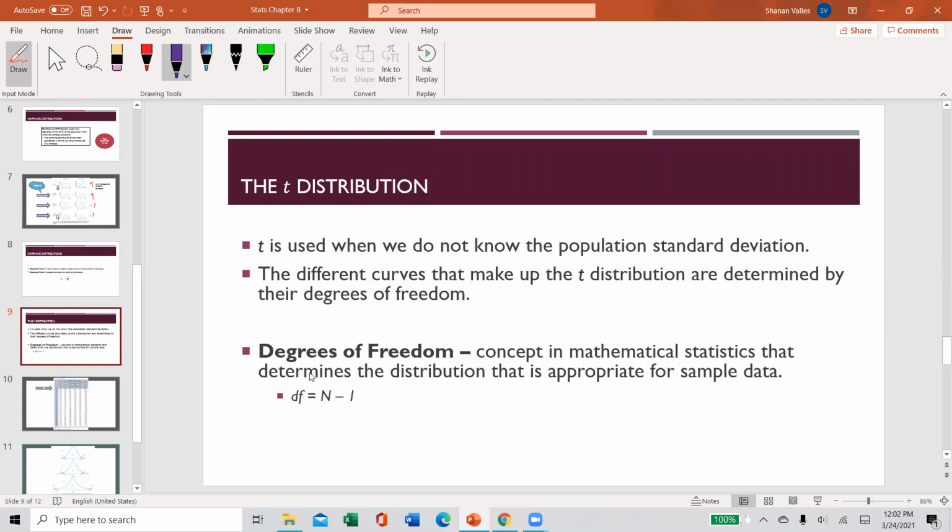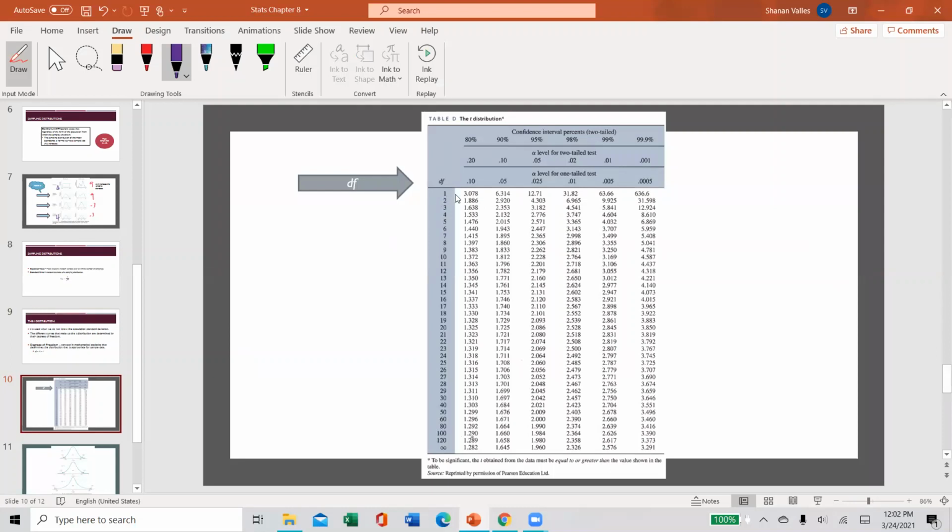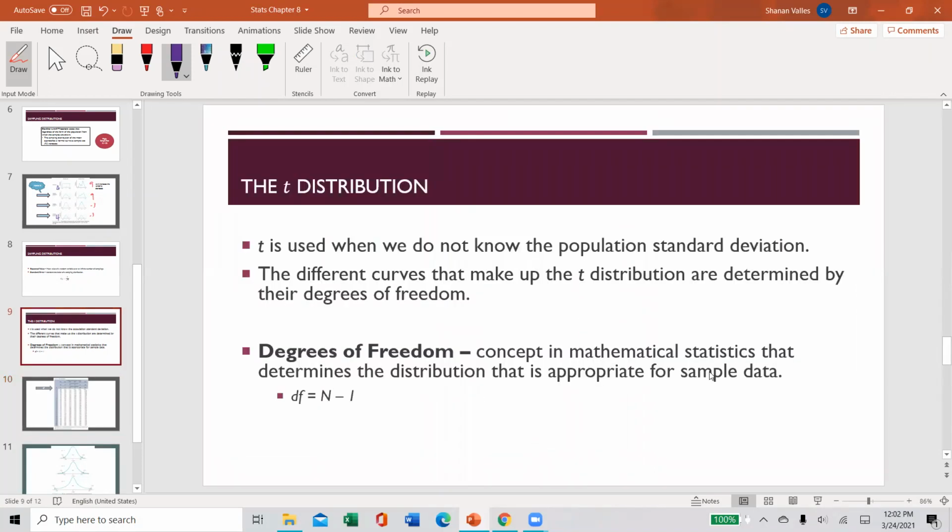This is a very weird definition, and I'm going to give a different one in just a minute. It's a concept in mathematical statistics that determines which distribution you're going to look at for the appropriate sample, for whatever sample data you have.